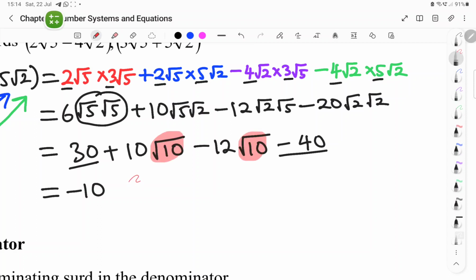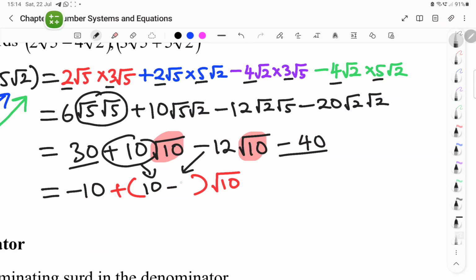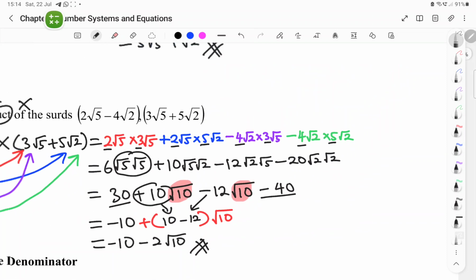So what we can do, we put a bracket and put square root 10 outside. And then what's left? We just take whatever number in front of each square root and put them inside the bracket. Okay, this one minus 12. Okay, then minus 10. 10 minus 12 is minus 2 square root of 10. So this is the final answer.